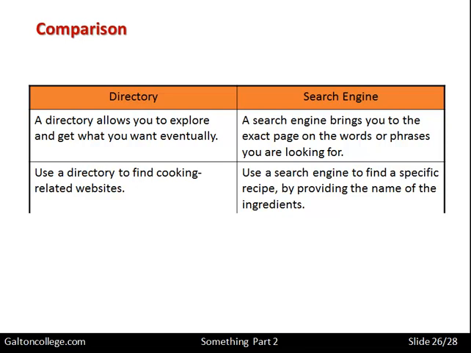Whereas a directory will be just a whole list of sites related to cooking, or related to perhaps vegetarian cooking, but we have to sort through those sites to find out which one is most appropriate.